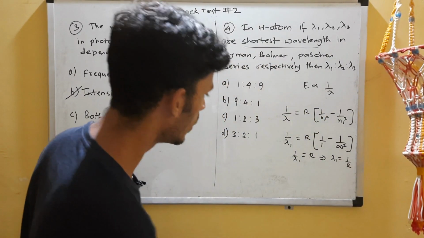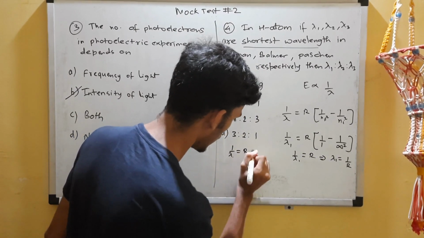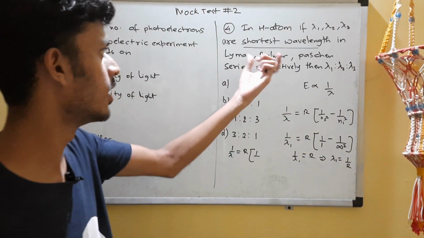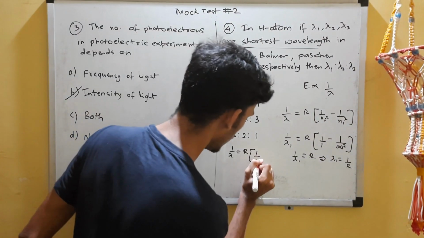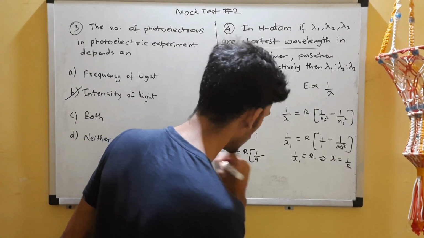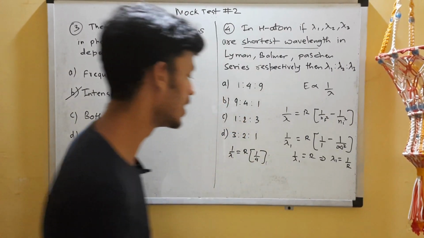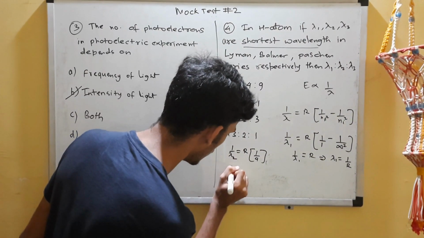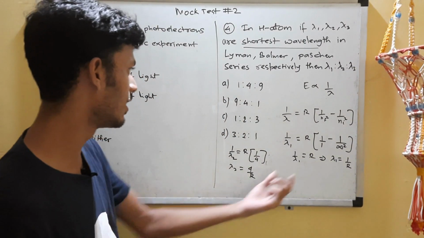Similarly, if we calculate 1 upon lambda 2, it will be R, and in the Balmer series n final is 2. After all the transitions it comes down to 2. So 2 square is 4, and again infinity square will be 0. So this is for lambda 2. So lambda 2 is 4 by R. You can see where this is going.